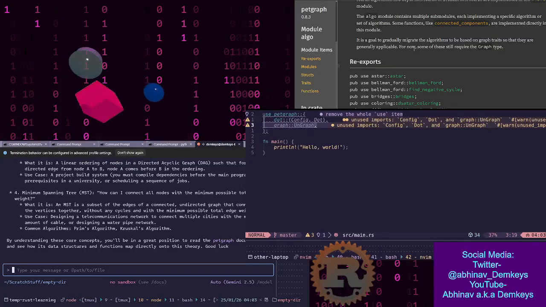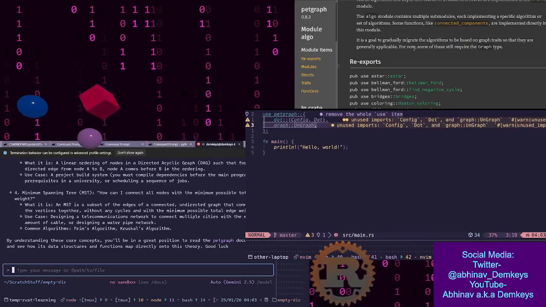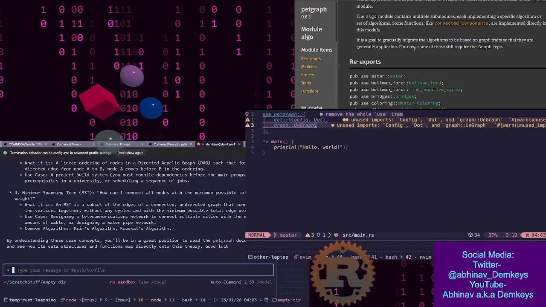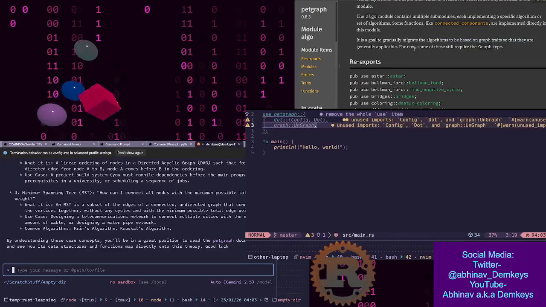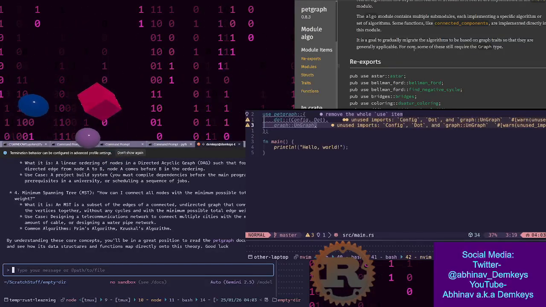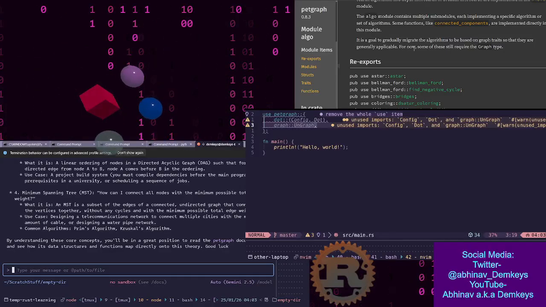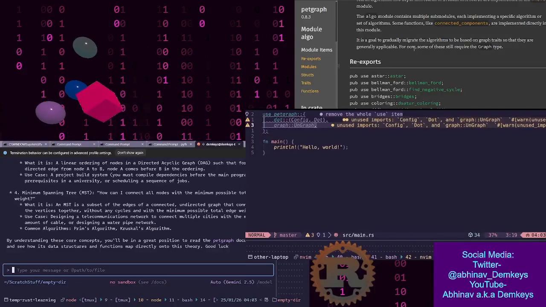It is a goal to gradually migrate the algorithms to be based on graph traits so that they're generally applicable. So like you implement the traits, or you derive these traits for a specific struct, that's what I'm getting from this, right?